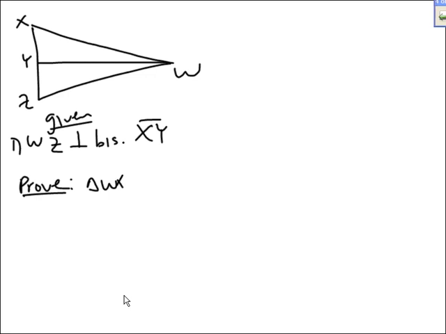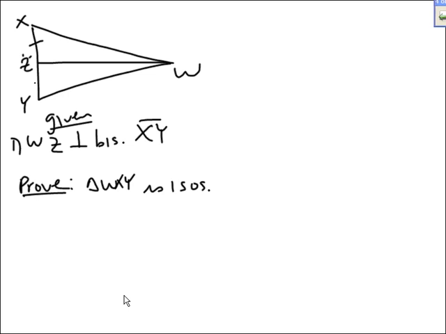triangle WXY is isosceles. Now, all you know is that WZ, now I don't buy what I wrote. Yeah, we just need to switch the letters. X, Y, Z. WZ is the perpendicular bisector of XY.